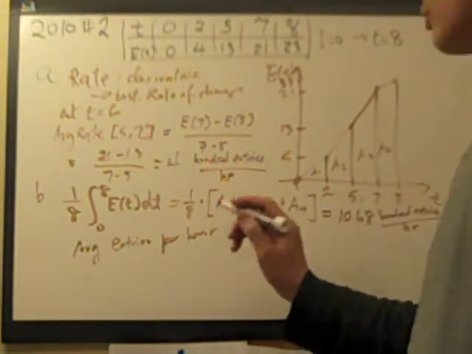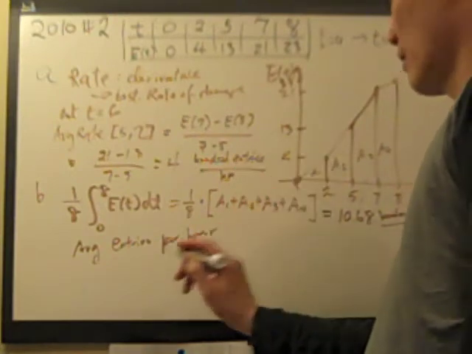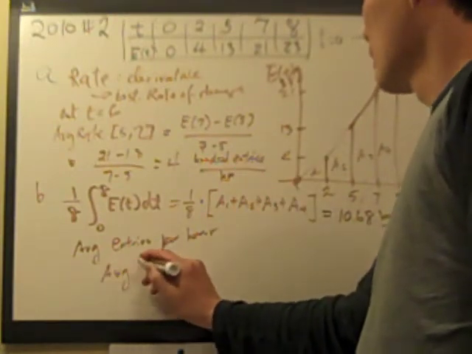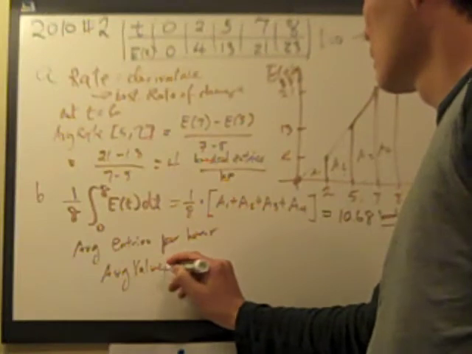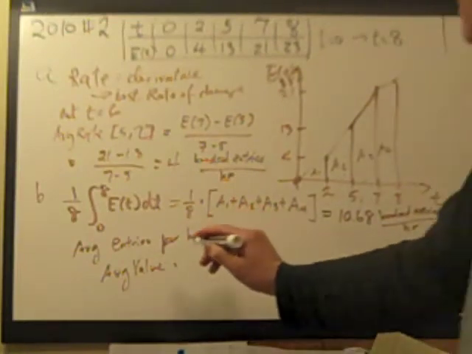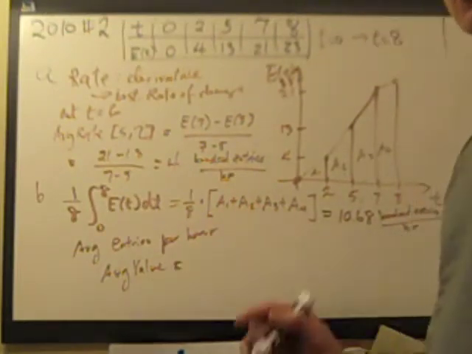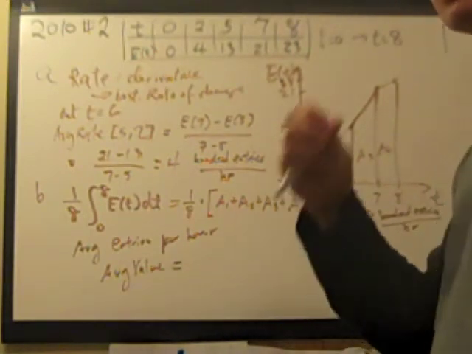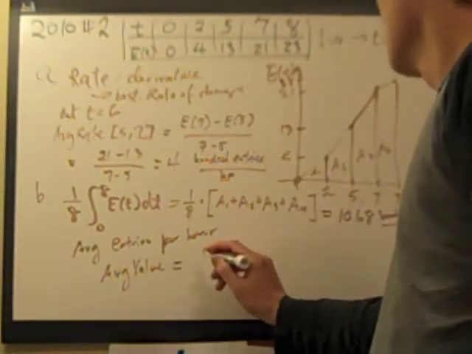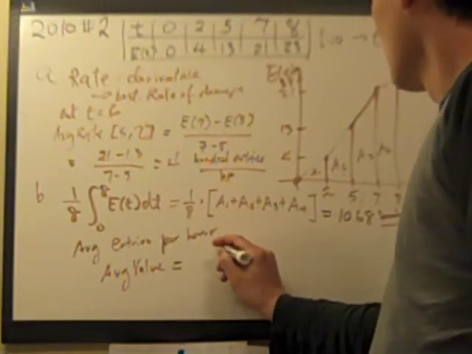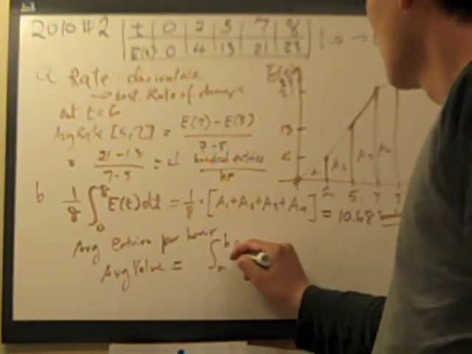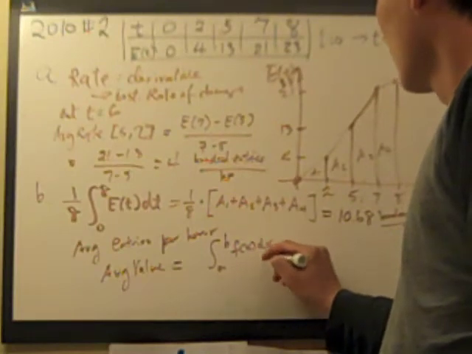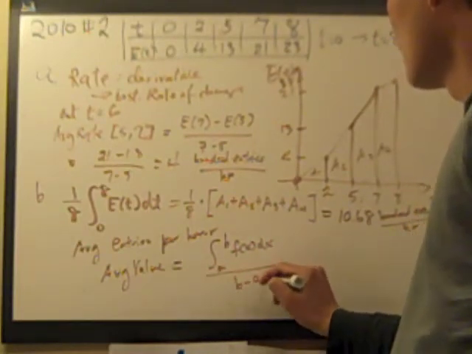Notice this corresponds to the calculus concept of average value. In calculus, every time you deal with average value, every time you hear and read average value, this is what you need to immediately think about. The average value is equal to the integral from a to b of f of x dx divided by b minus a.